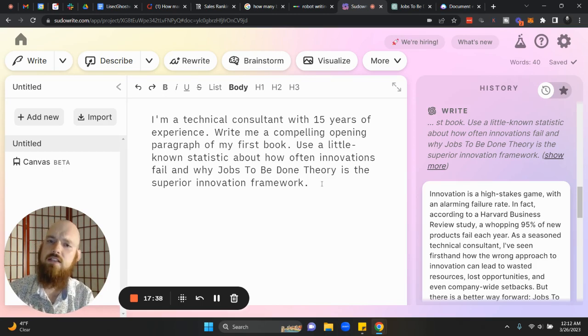Also, because these are all from the same large language models, with a little bit of variation, as we saw, the outputs are all eerily similar, saying mostly the same thing. And as you saw with Sudowrite and ChatGPT, one sentence began exactly the same way.